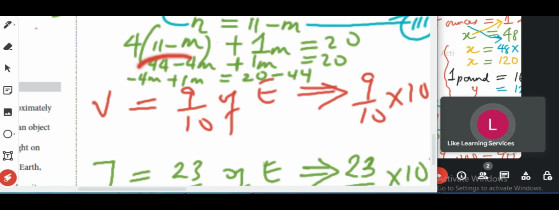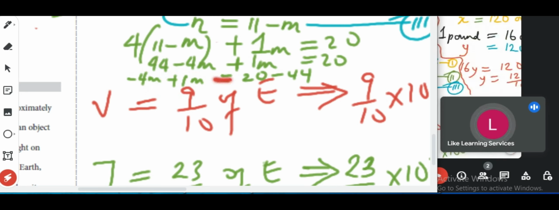You know how to solve an equation. Put all the m's on one side. What are the terms that have m? Negative 4 and positive 1. That's why I wrote negative 4m and positive 1m. Nothing else has m.